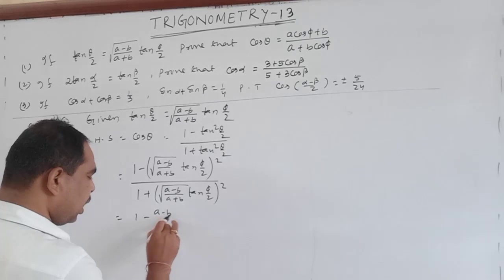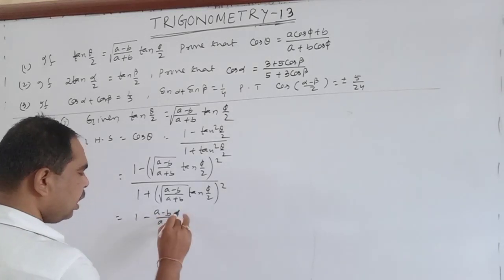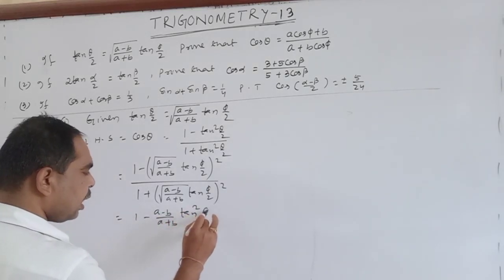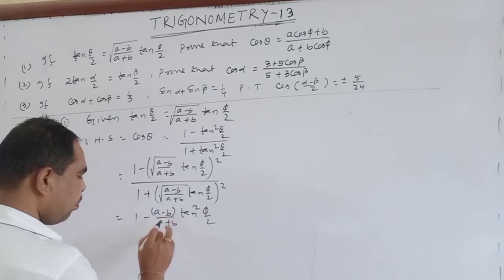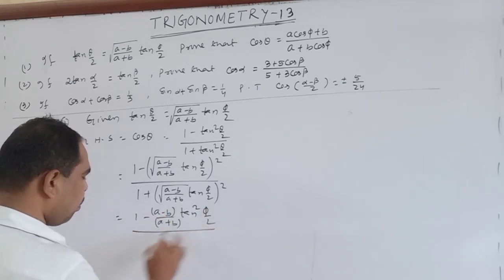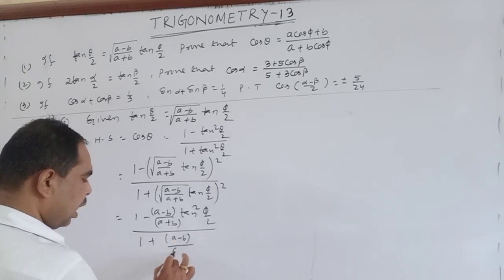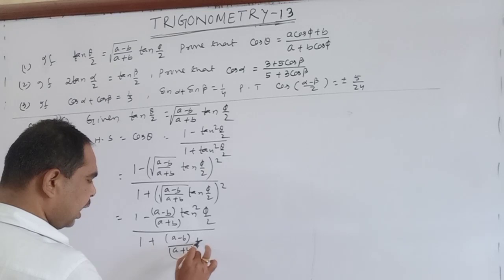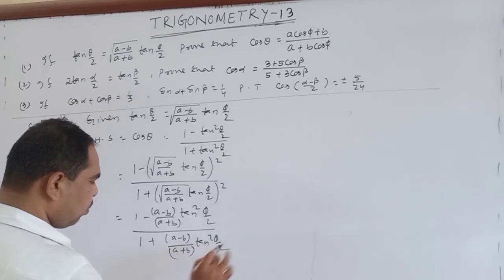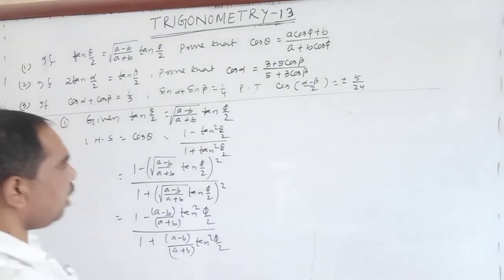So 1 minus a minus b by a plus b tan square phi by 2, divided by 1 plus a minus b by a plus b into tan square phi by 2.